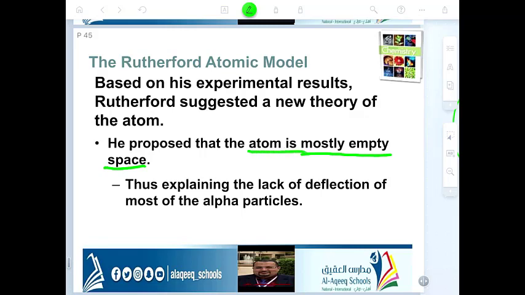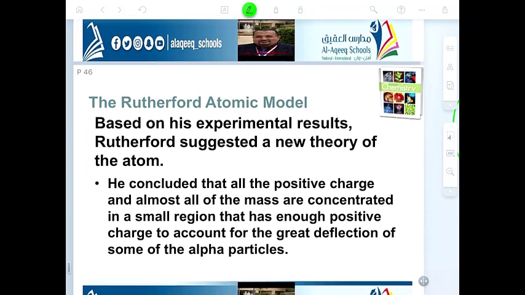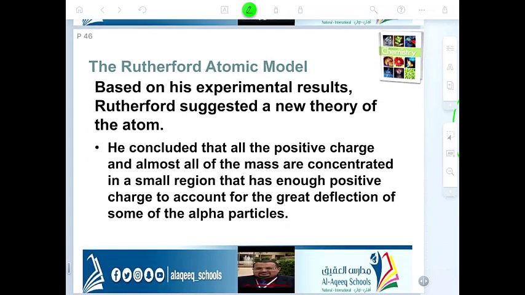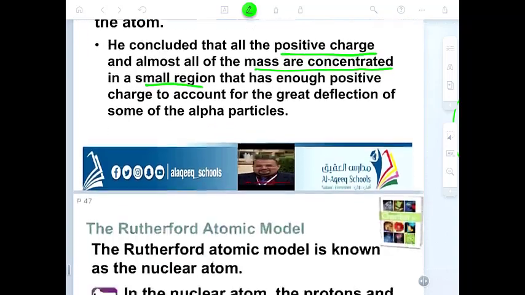And also he said that the lack of deflection of most alpha particles is due to the massive part inside, and also the positive charge carried by the nucleus, and it has mass concentrated in this small region which was called the nucleus afterward.